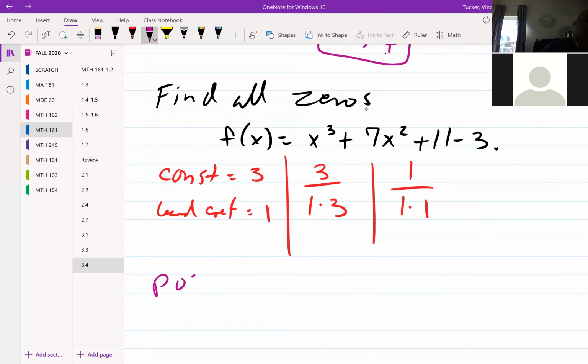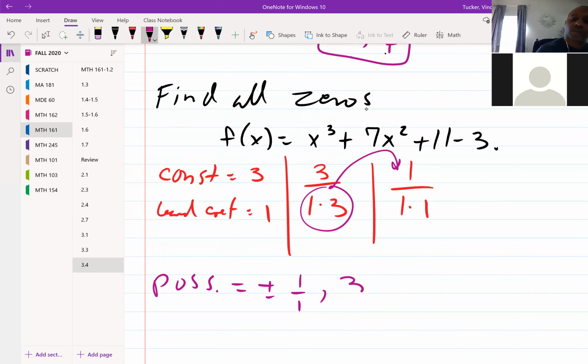So the possible zeros, once again, we take all of these and place them on top of this. So it's plus or minus 1 over 1, and then plus or minus 3 over 1. So those are the only options. We have 4 options here.